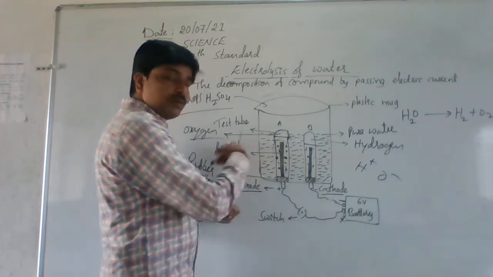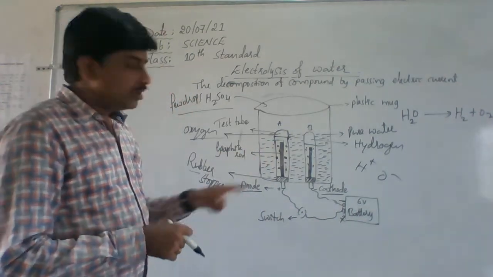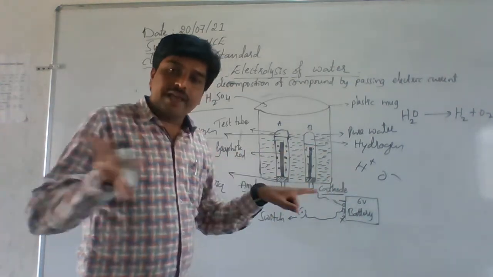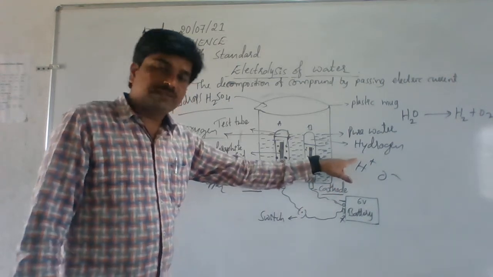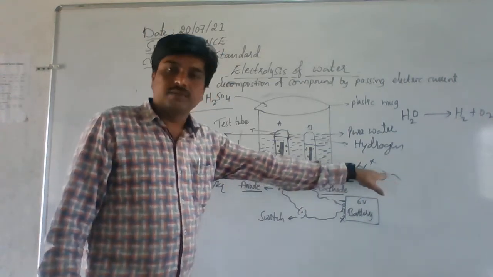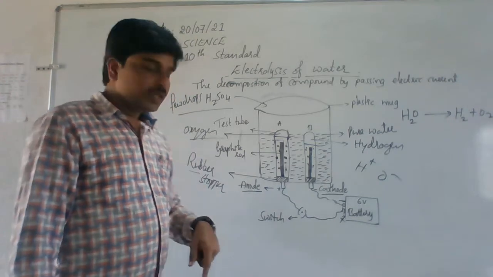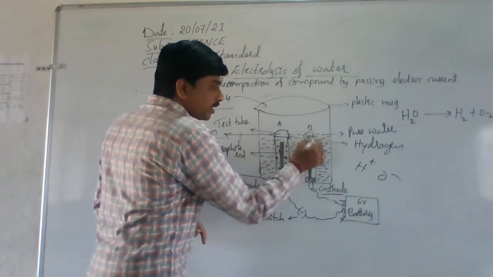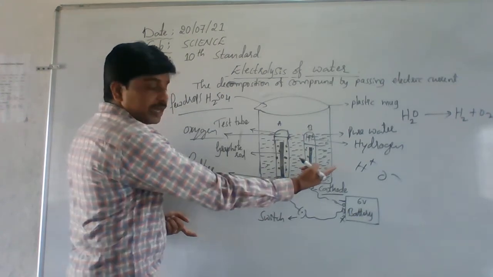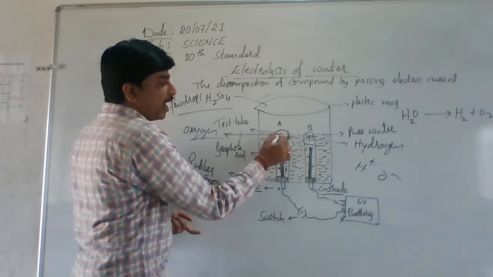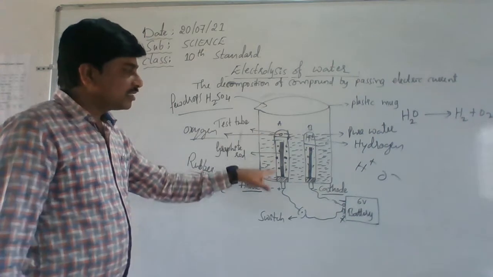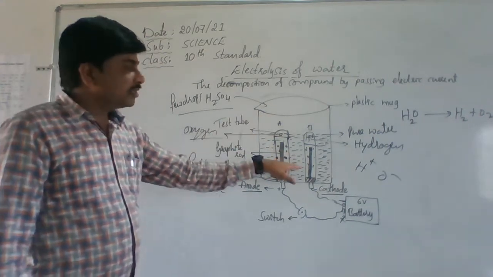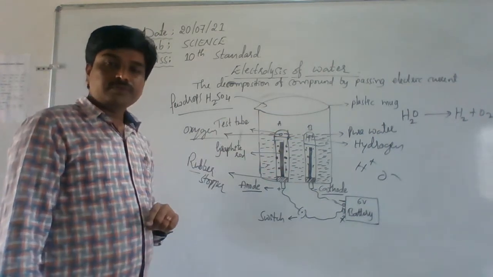So when you pass the electric current through this water, the water breaks down to form ions: hydrogen H plus ions and oxygen minus ions, positive ion and negative ion. These hydrogen ions are attracted by the cathode and oxygen negative ions are attracted by the anode. Hence, oxygen gas is collected in the A test tube, hydrogen gas in the B test tube.